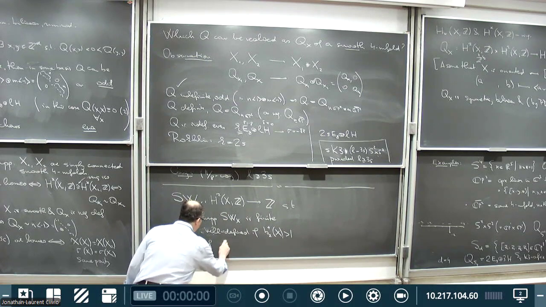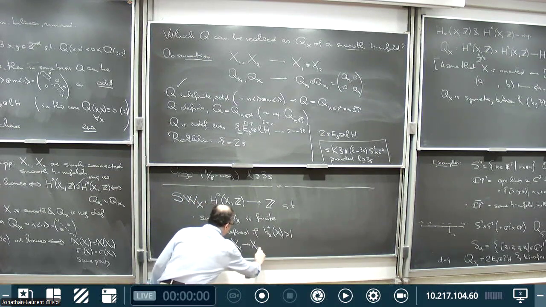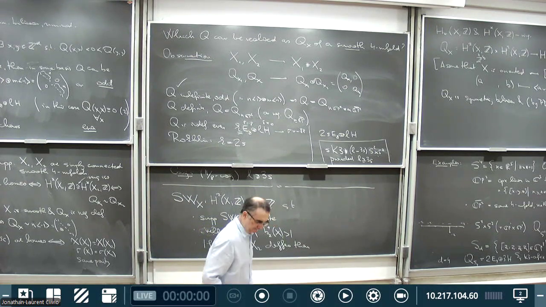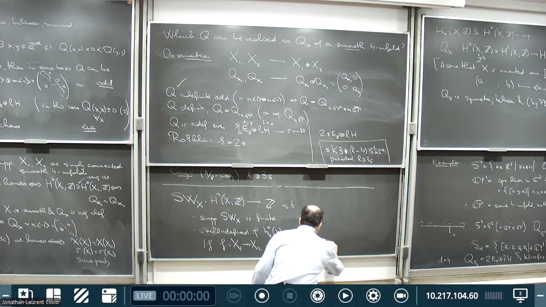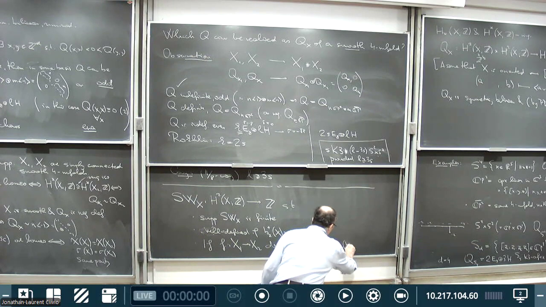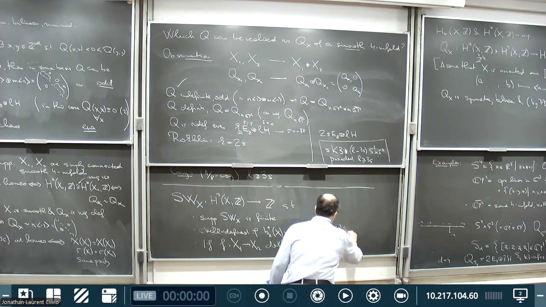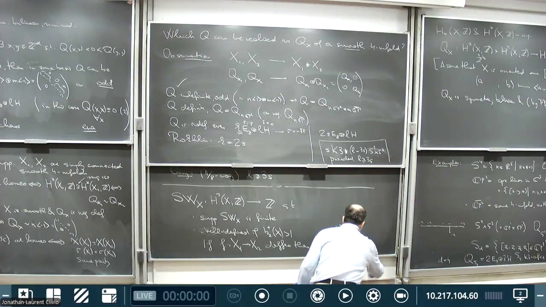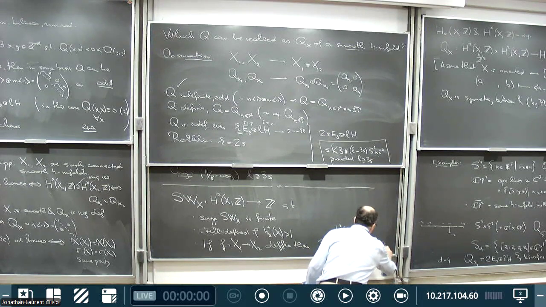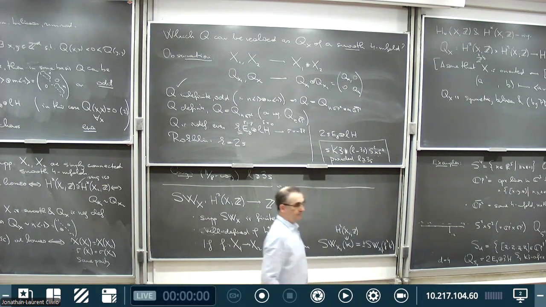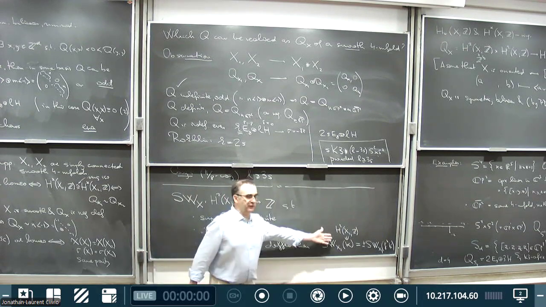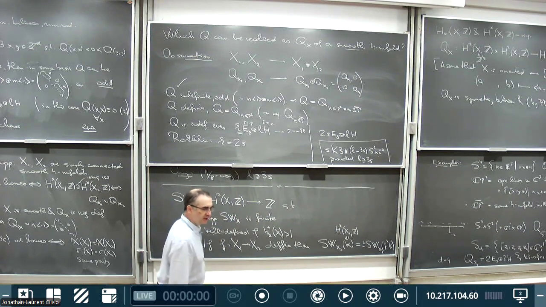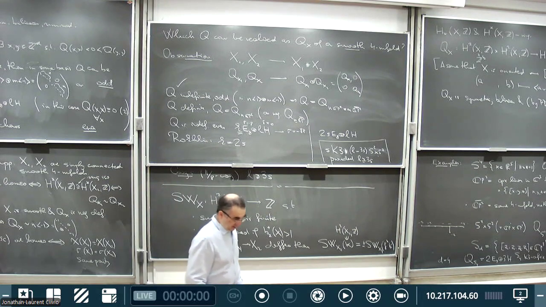And if F is a diffeomorphism, then Seiberg-Witten of X2 on a cohomology class K is just plus or minus the Seiberg-Witten of X1 on F star K. So in this sense, it's a diffeomorphism invariant. For example, the support is a diffeomorphism invariant. The cardinality of the support is a diffeomorphism invariant.